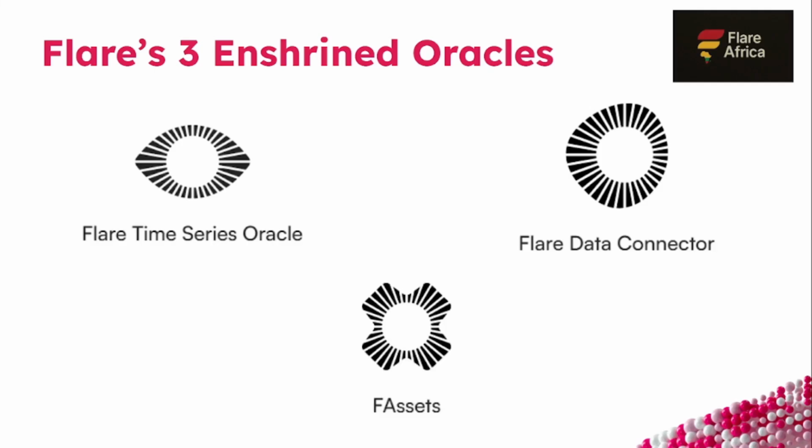Then finally is F-Assets. So this one is a little unique, and it's designed for scaling non-smart contract chains, non-smart contract digital assets. So these are the assets that were not designed to be programmable, or they are on blockchains that do not accept programmability. And there are three that are very prominent in this regard. There is Bitcoin. I'm sure you all know about Bitcoin.